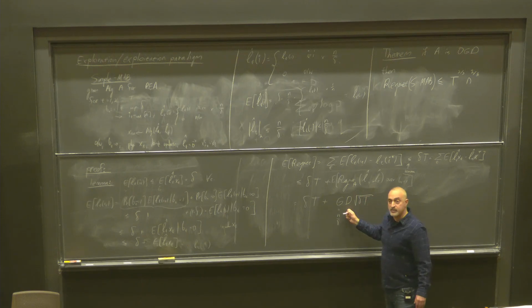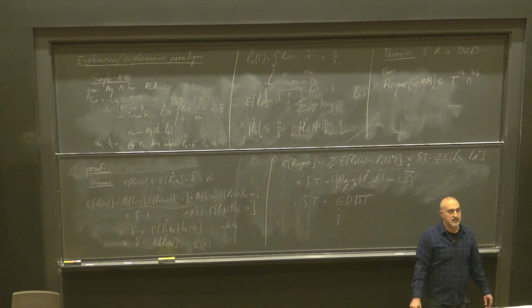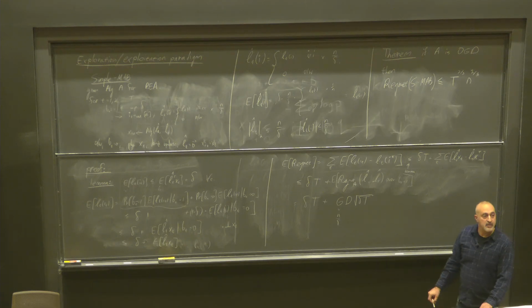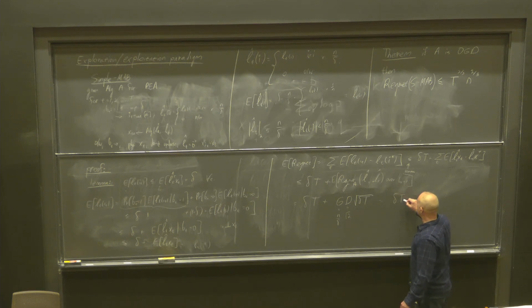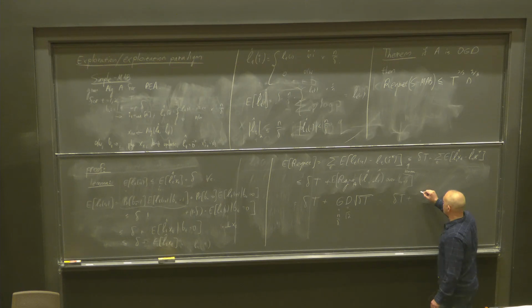The diameter of the simplex is what? Square root 2, yeah. So this is delta t plus n times square root of 2t over delta.